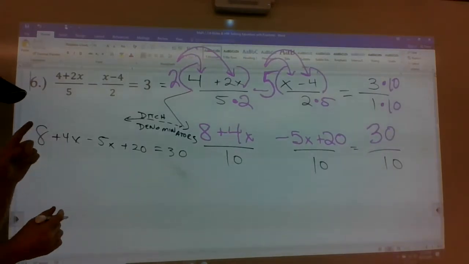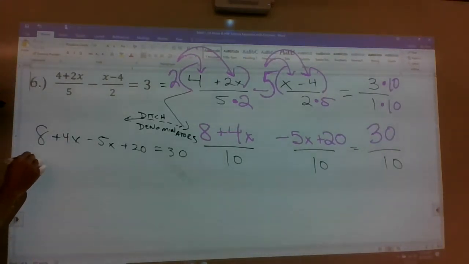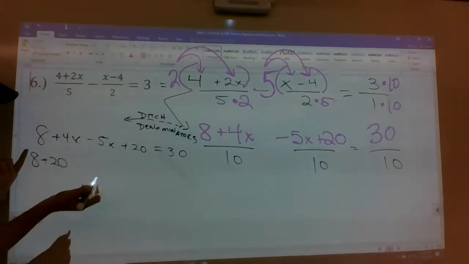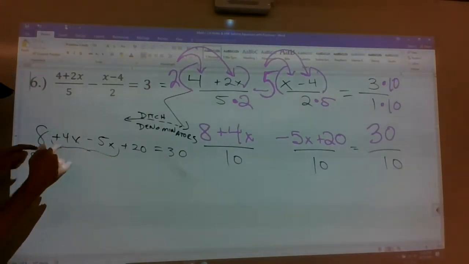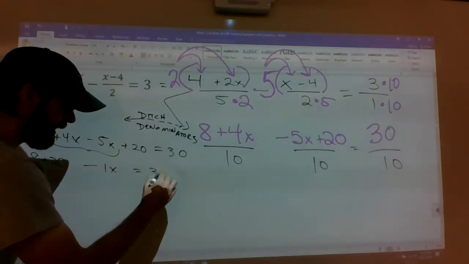So the commutative property says that I can move the plus 20 next to the 8. These two are already side by side. 4x minus 5x is negative 1x, and you've got 30 on the other side.